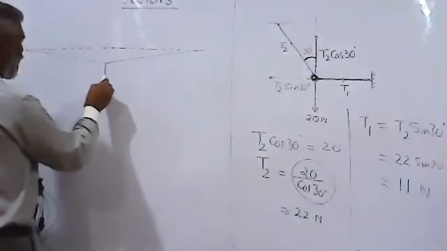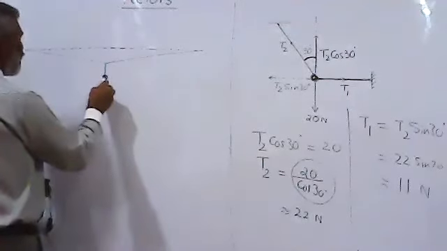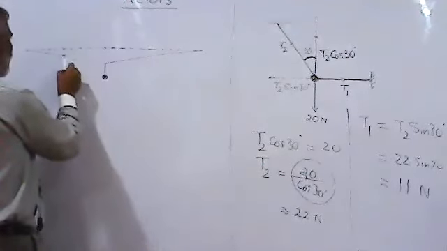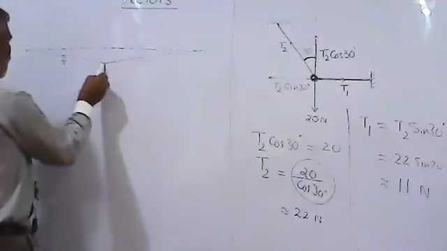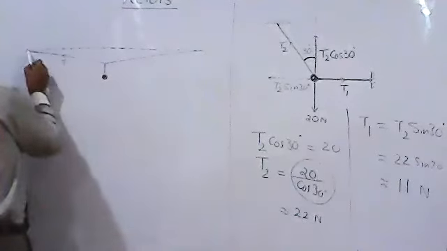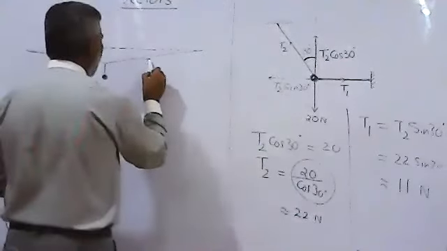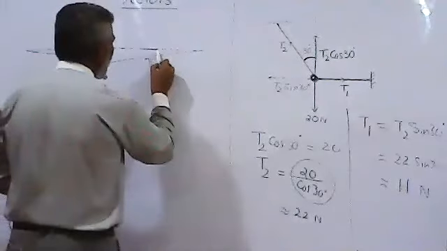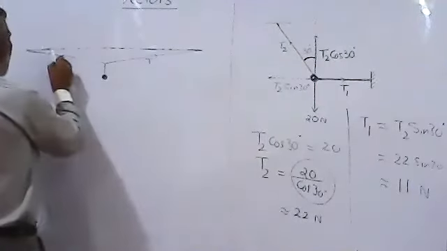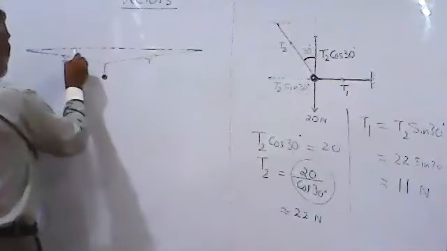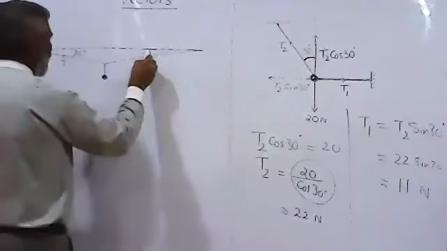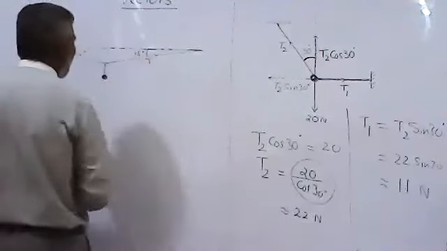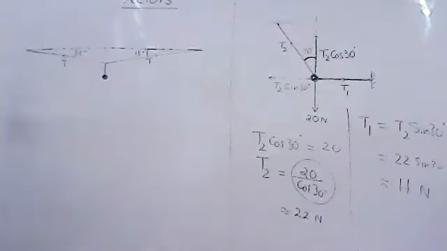And this is the mass that you have supported from this string, because it has the same length of the two sides, so it is the same tension in the two parts. And suppose the angle that we have on the two ends is also known. This is the same 15 degrees here and the same 15 degrees here. So the question is to find the tension in each part of this string.